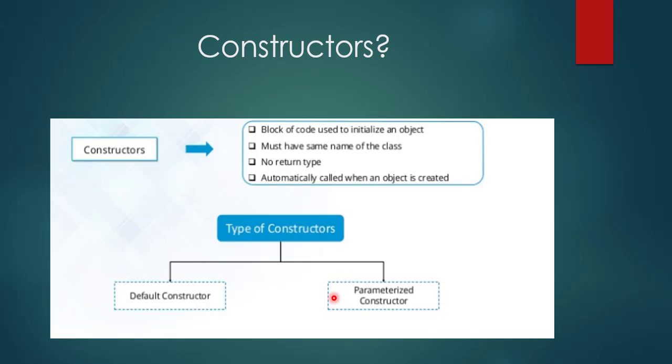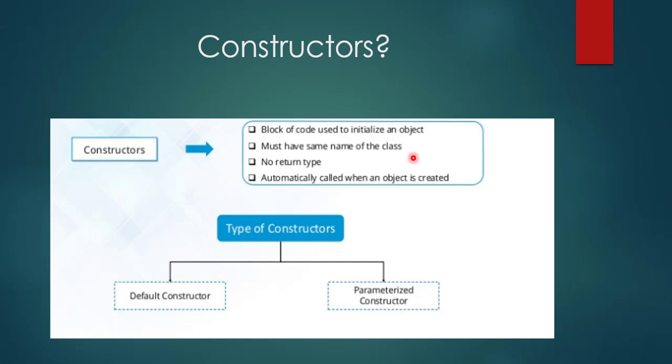Constructors. So what is a constructor? A constructor is a block of code used to initialize an object. For initializing the object, we use constructors. The class name and the method name must be the same.